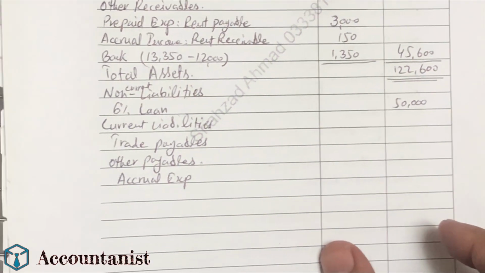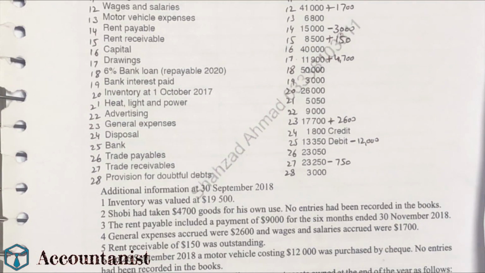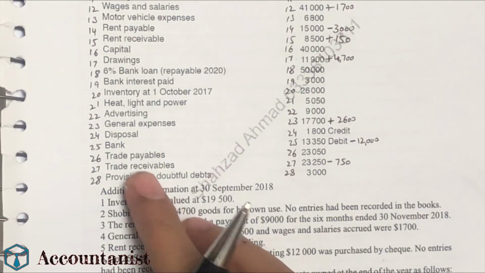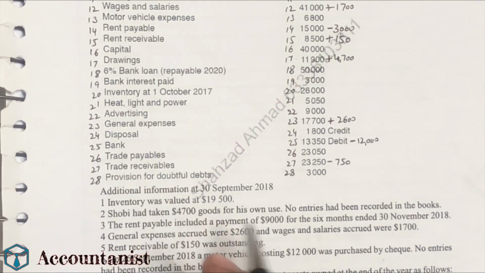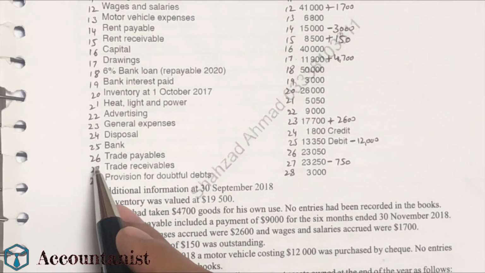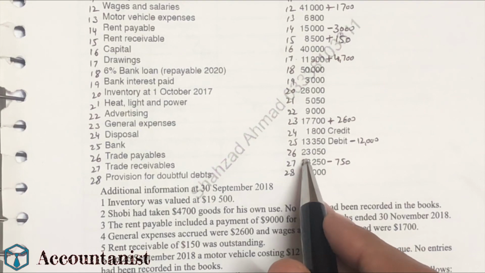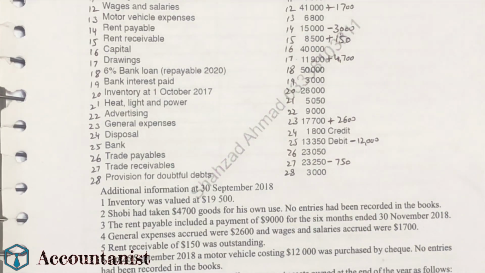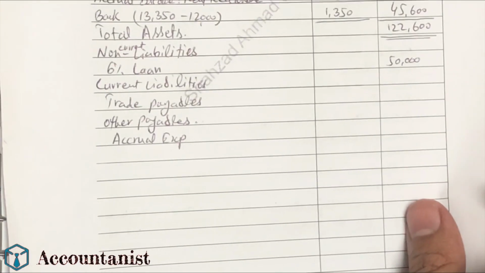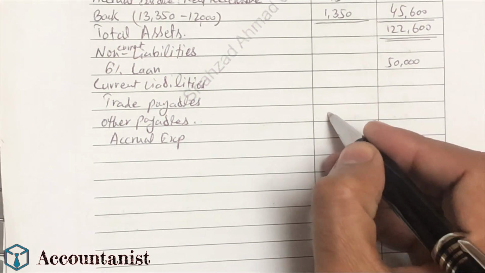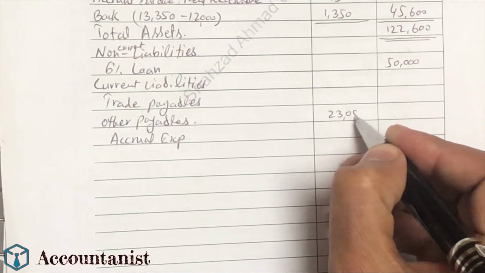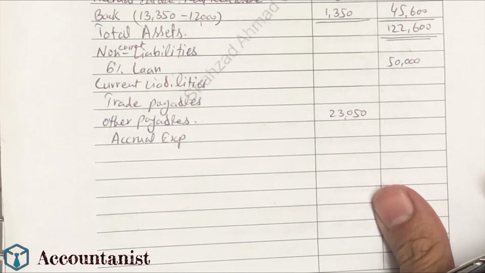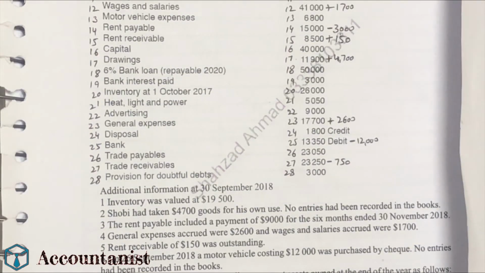I don't think we have any prepaid income in the question. So let's start with the trade payables. We have trade payables here on top of the trade receivable, so $23,050. I'll write $23,050 here. Then the other payables means the accrual.